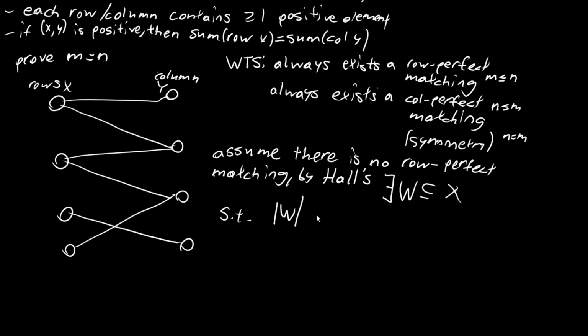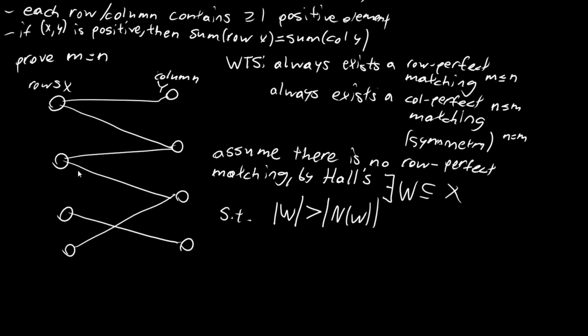The size of W is greater than the size of all the neighbors of W, which is equivalent to what we had before. It's just the union of the neighbors of W, which is what we had originally.